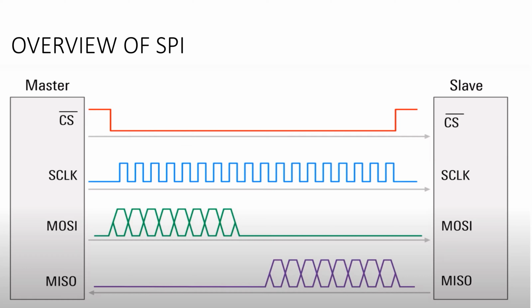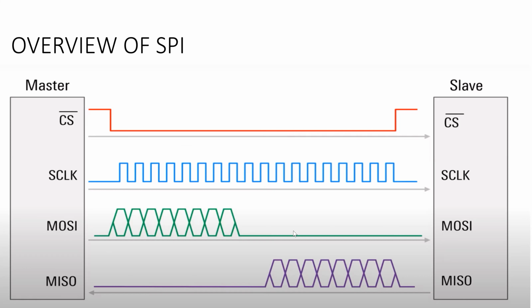When it is pulled down, the clock is also there. The clock will synchronously be sent to all the slaves, and the slave will respond according to the slave select line. Whenever these two are working, with MOSI, in the sense master out slave in, the master will send the data to the receiver, which is the slave here.